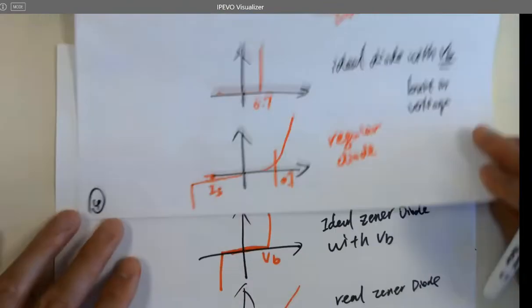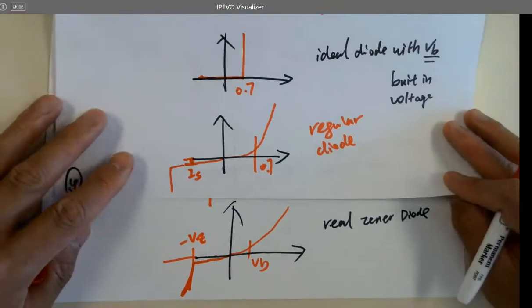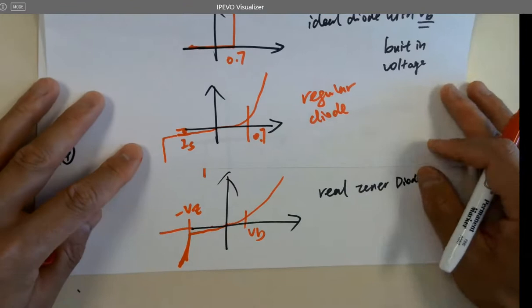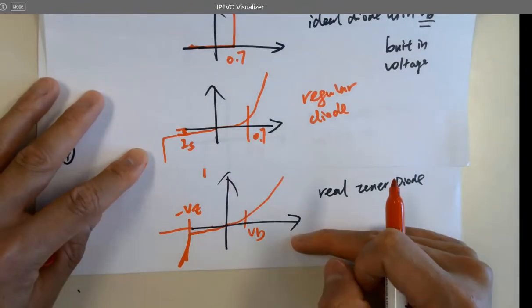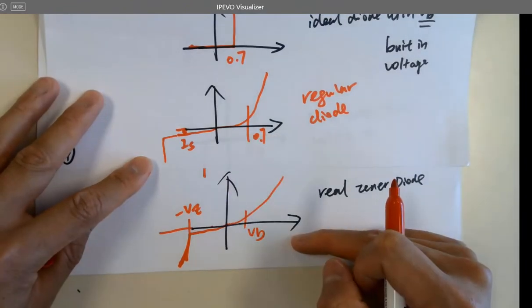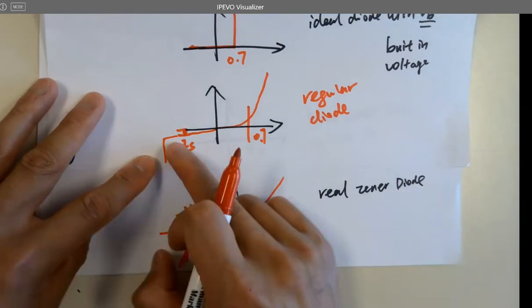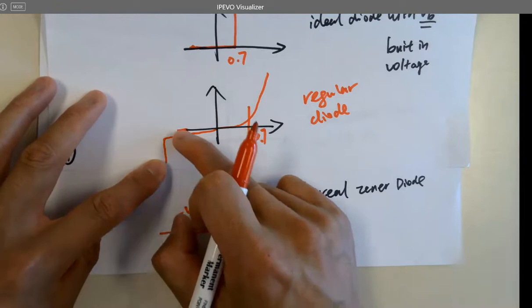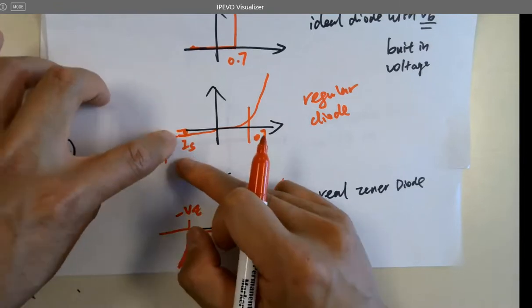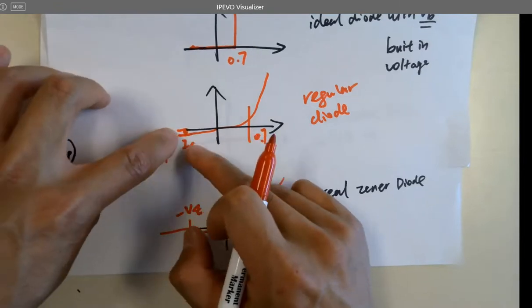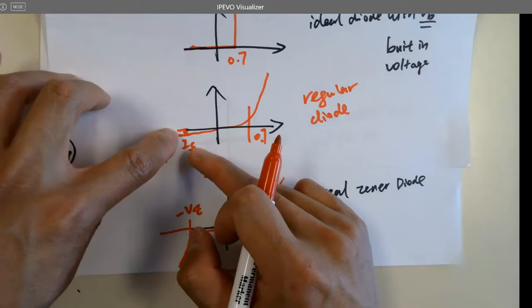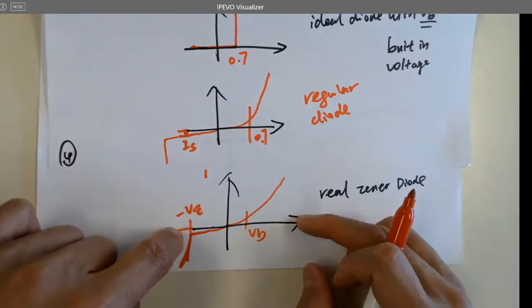What's the difference? If you compare a regular diode and a Zener diode, that's a regular diode, that's a Zener diode. They look the same, huh? If you reverse bias a regular diode and move the voltage backwards over this point, it's going to break permanently. Not reversible. This one is reversible.